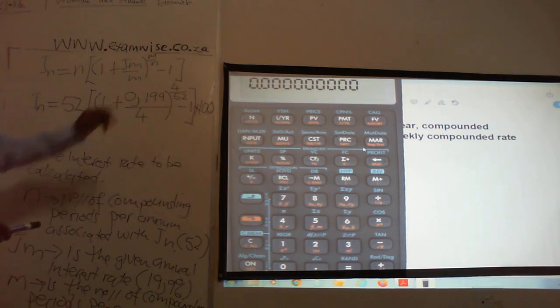So we shall start inside the small brackets. Inside our small brackets here, we are starting with the fraction.